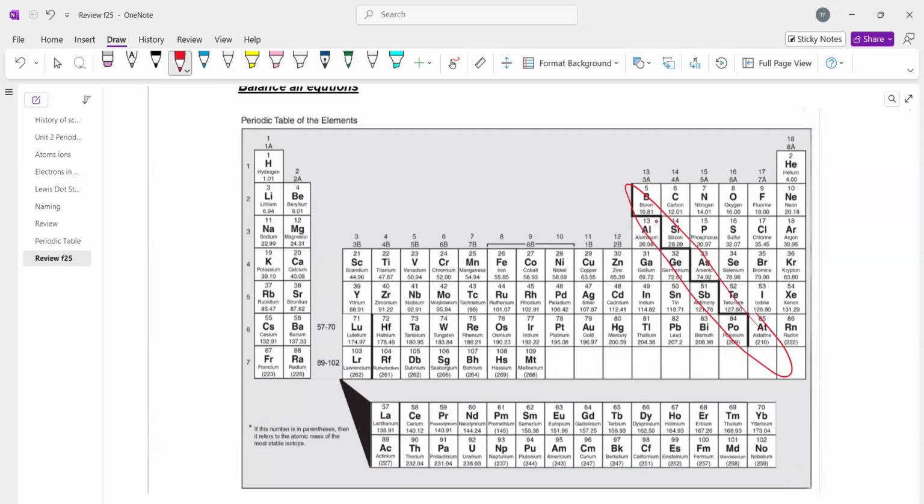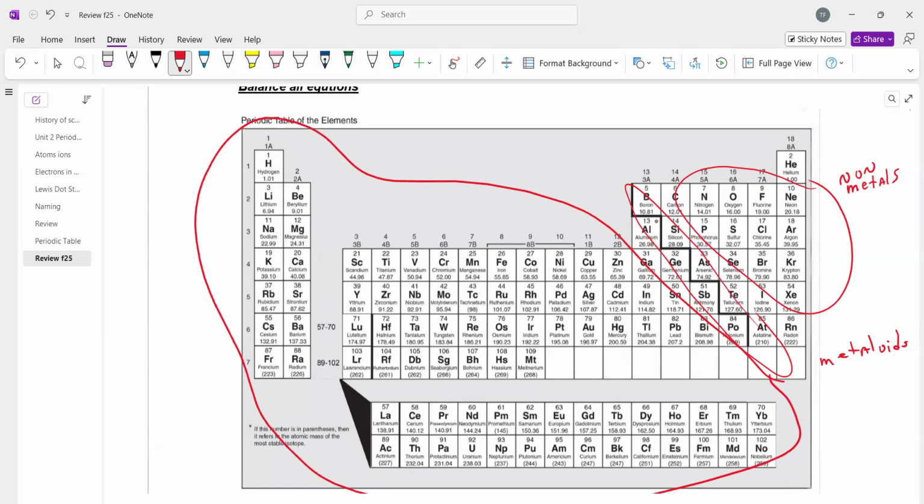These are the nonmetals over here, and everything else are metals. A lot of people miss the metals because they don't include everything.